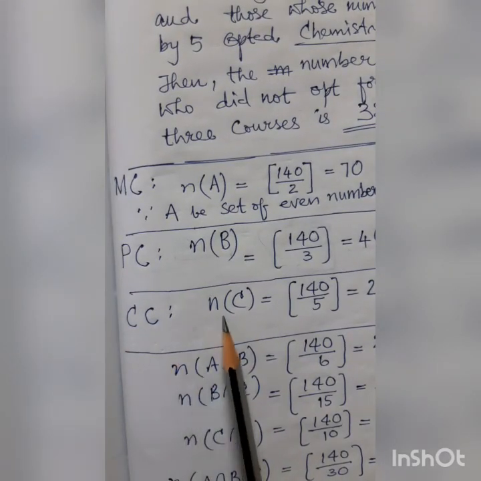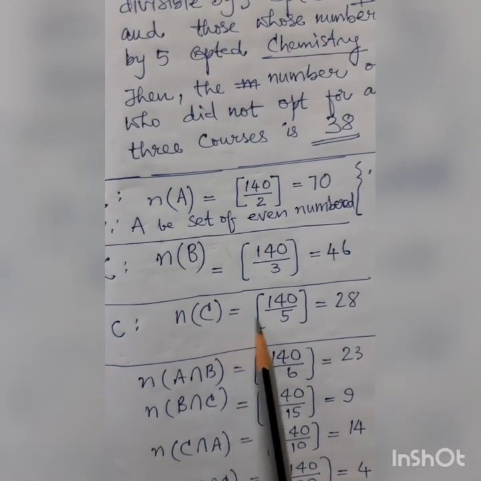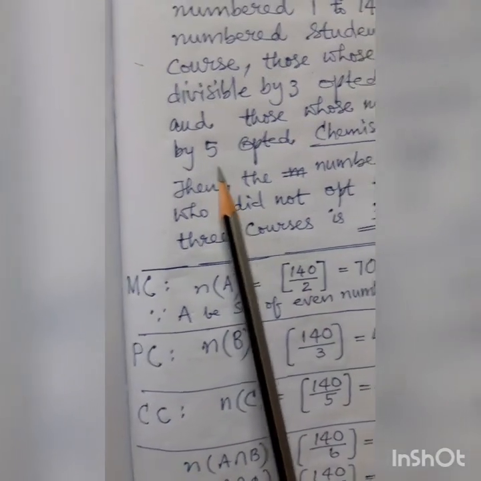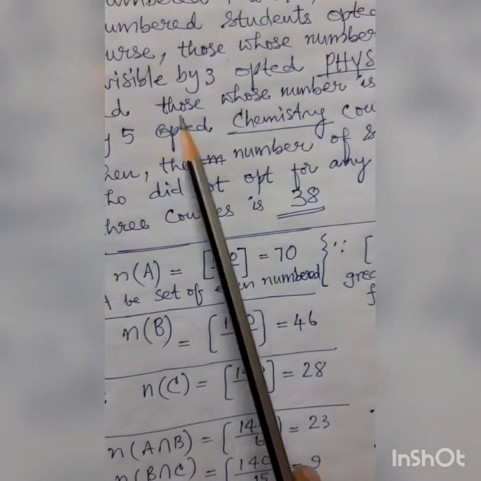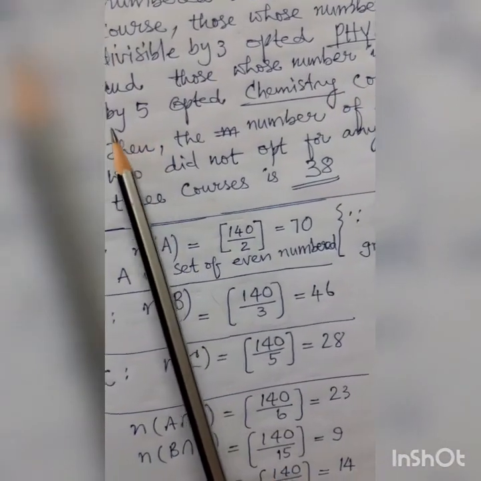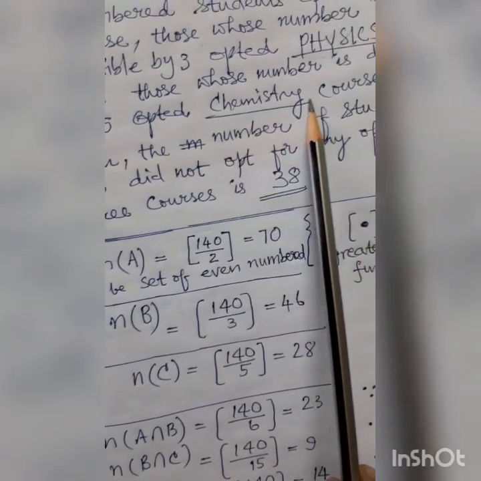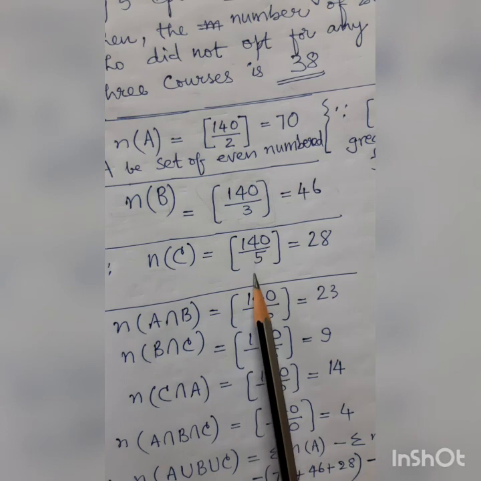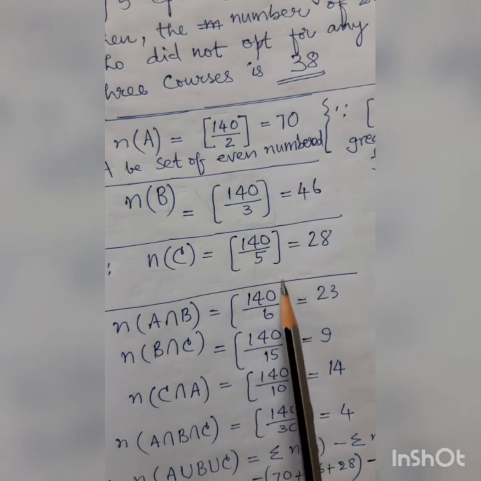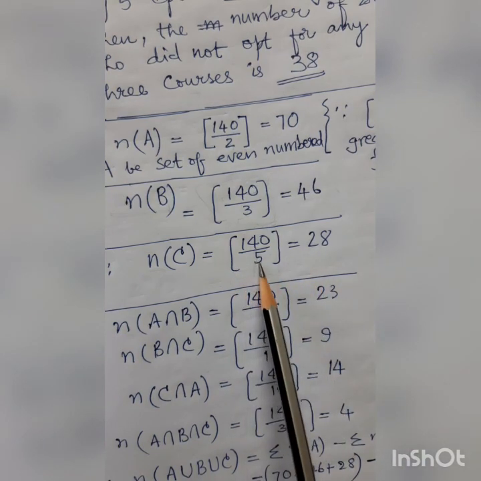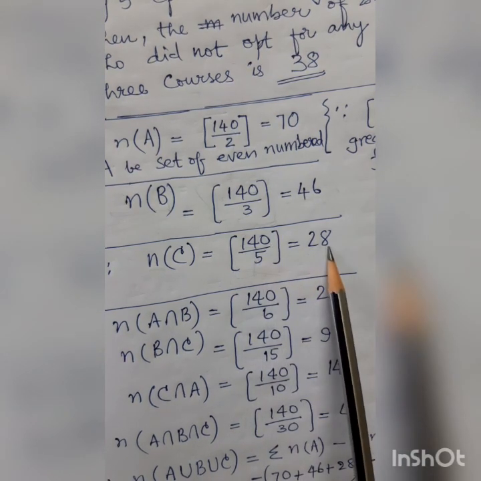C, chemistry course, N of C equals, here divisible by 5. You see here, those whose number is divisible by 5 completed the chemistry course. So here N of C is 140 by 5, the greatest integer function of 140 by 5, which equals 28. 5 2s are 10, 5 4s are 20, 5 8s are 40.